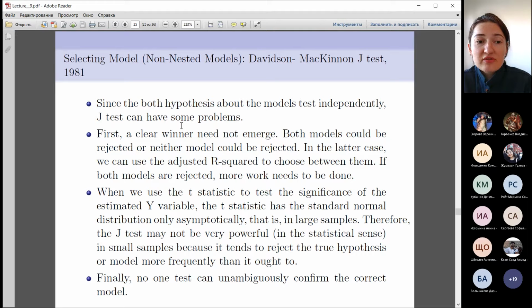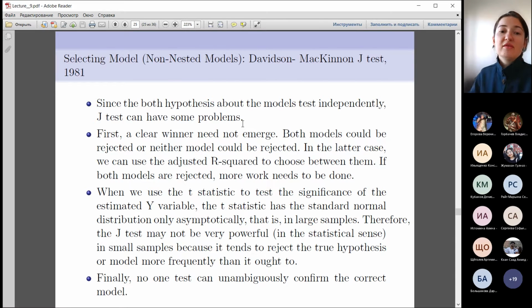And because of this, of course, the J-test can have some problems. And the first problem, of course, is that you couldn't find a clear winner between these two models, because both models could be rejected. This is a bad situation.